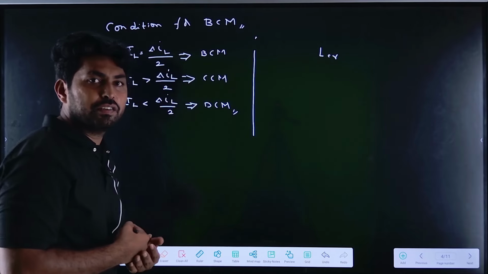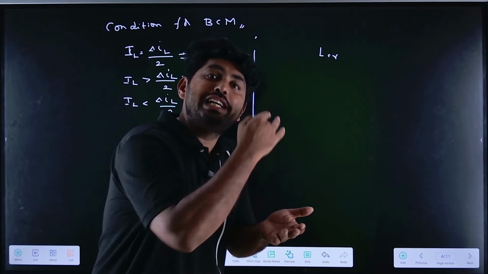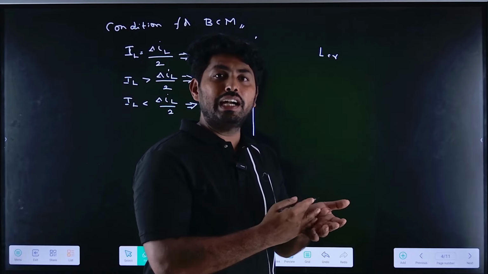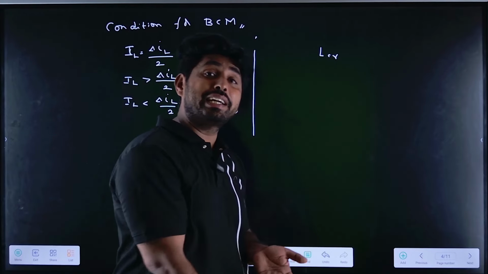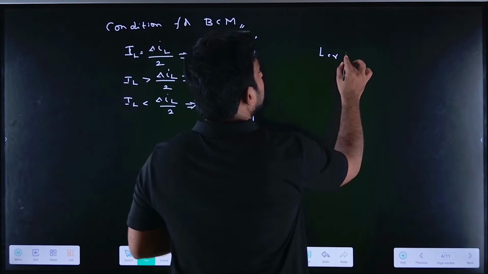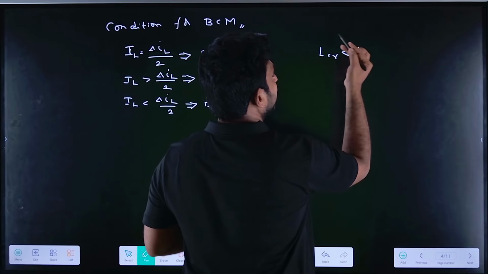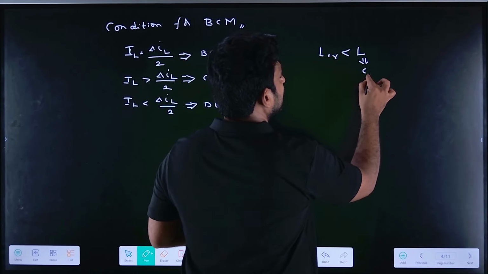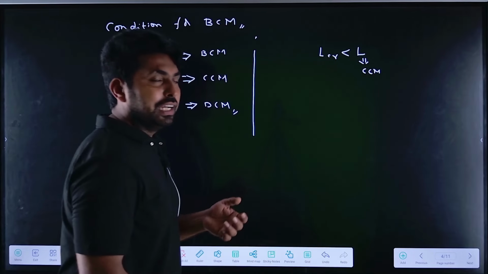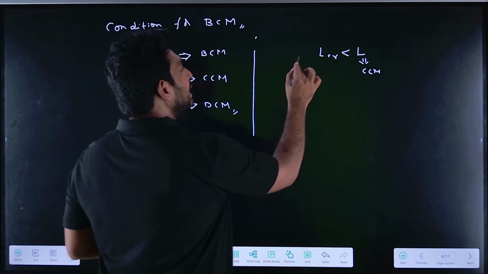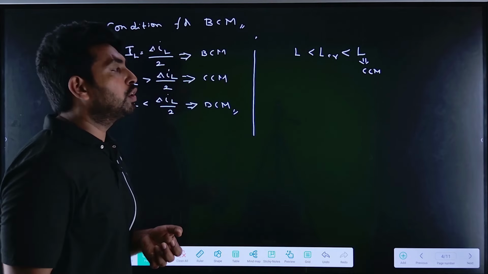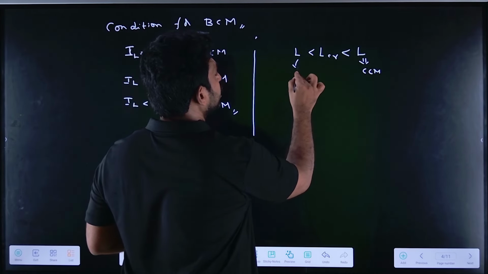I design the inductance in such a way that if the inductance value is more than the critical value of inductance, it will operate in the continuous conduction mode. If the inductance value of the circuit is less than the critical value, it will operate in the discontinuous conduction mode.